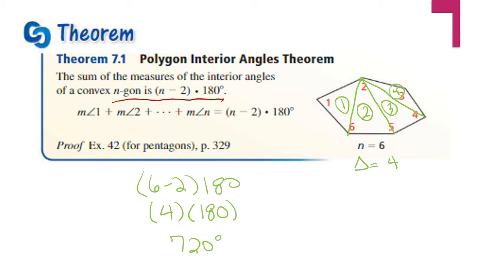How come we only have 4 triangles even though we have a hexagon? If you look, this side here and this side here, you're connecting one vertex to another vertex, but it's actually not a diagonal. That's considered to be a side. Therefore, we always subtract out the 2 sides right next to the vertex that we draw the diagonals from.